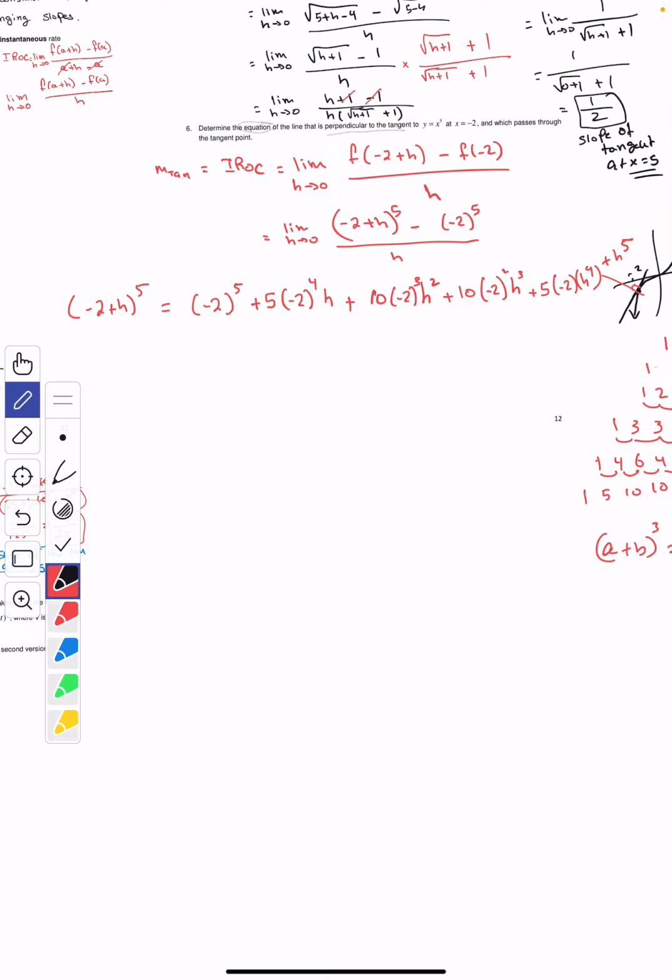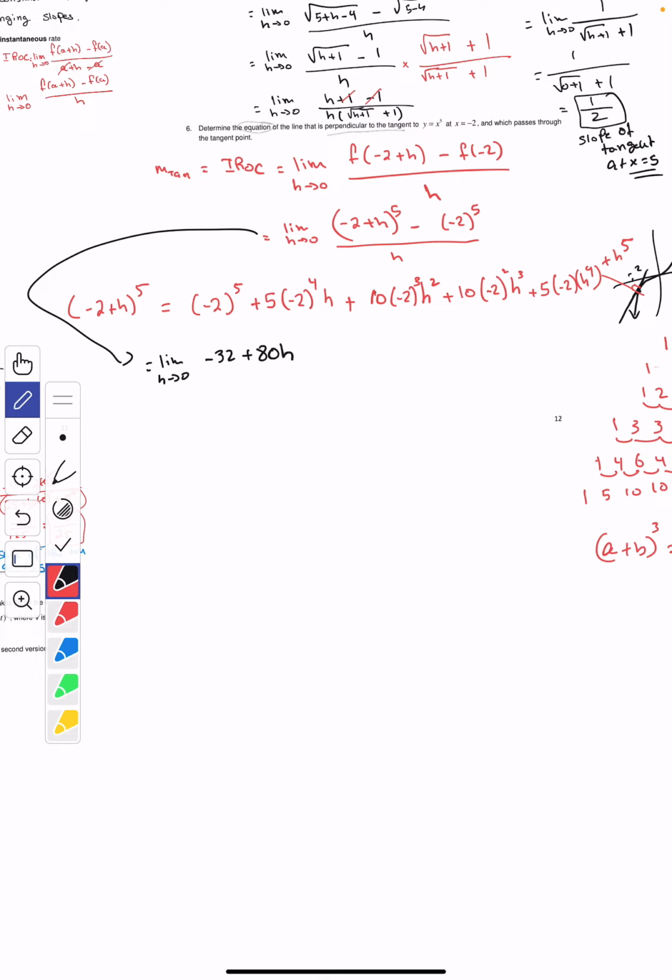Now let's go back to the limit. So that's going to be the limit as h approaches 0 of, let's simplify it. Negative 2 to the power of 5, that is going to be negative 32. Negative 2 to the power of 4, that's going to be 16. And I have 16 times 5, and that's going to be 80h.